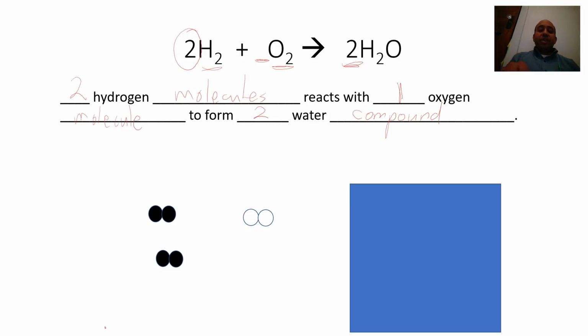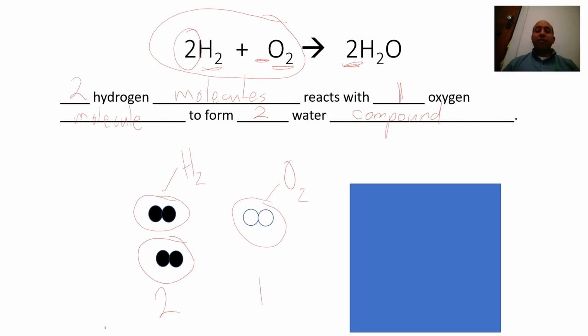You can see that in this drawing, I've drawn two sets of two black circles, and those are the hydrogens, and this one over here is the oxygen. So you can see that the ratio 2 to 1 is the same as in the reaction up here.